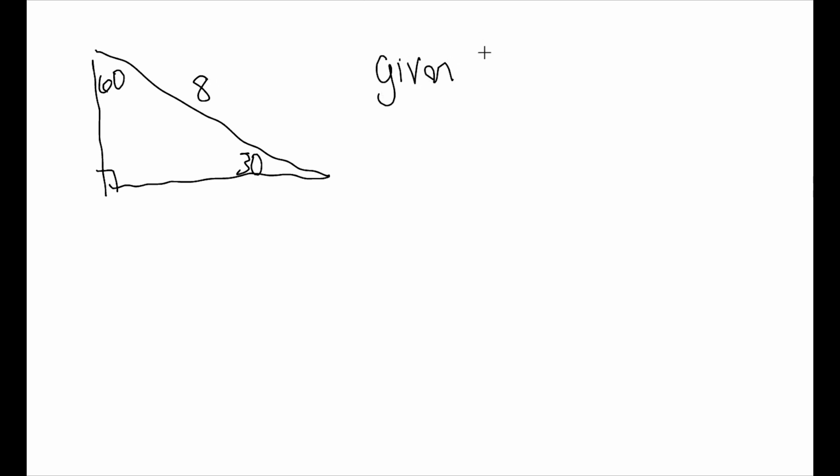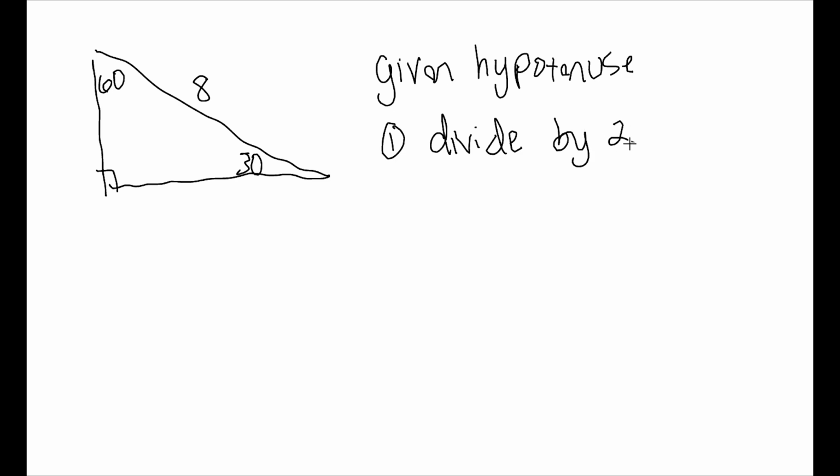Now, if we're given the hypotenuse, and let's say our hypotenuse is 8, the first thing you do is divide by 2, and that equals the shorter leg, which is across from the 30.